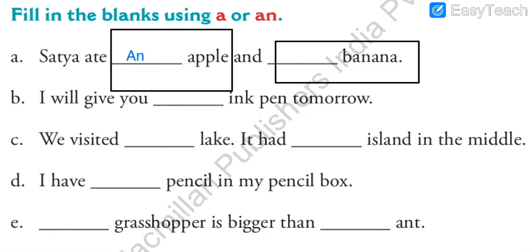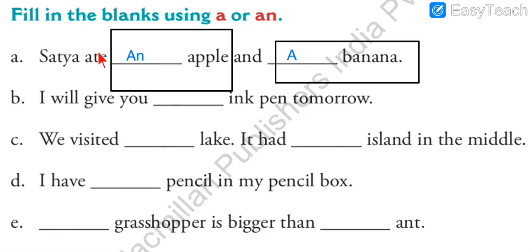So the word banana starts with the alphabet B, right? Which alphabets are included in vowel? A, E, I, O, U. So B is not included in vowel. So what do we have to put as an answer here? A banana. Yes.